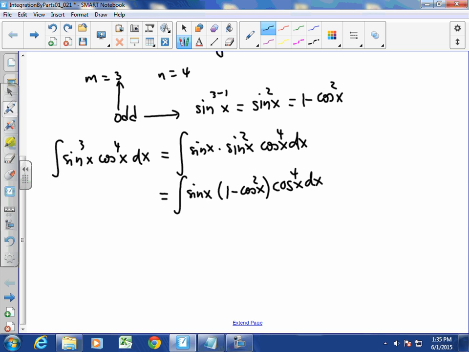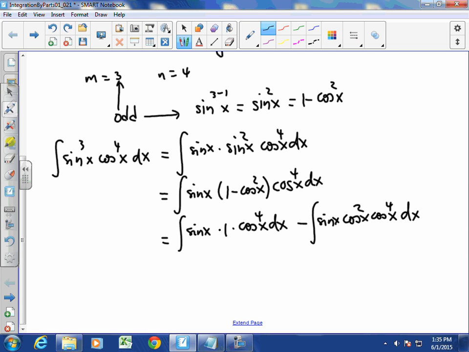Now we simplify the integral. That means what is inside the integral sign and dx. So we distribute what is outside the parentheses. So we get integral of sine x times 1 times cosine to the fourth x dx minus integral of sine x cosine square x cosine to the fourth x dx.